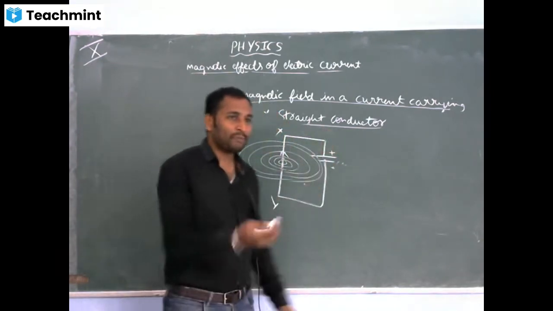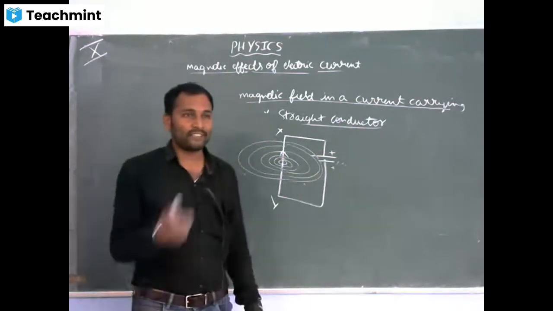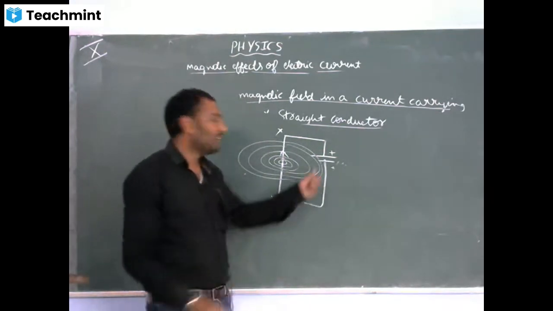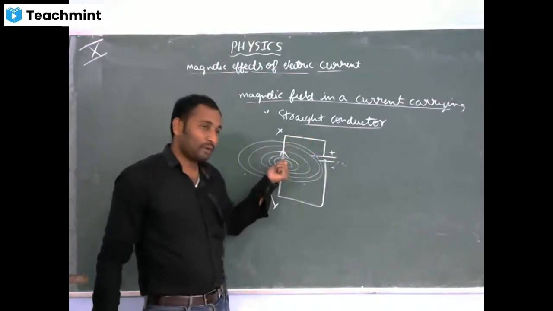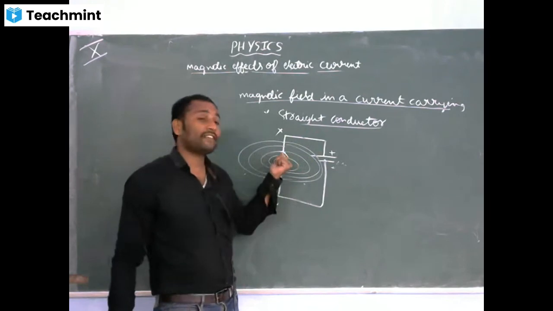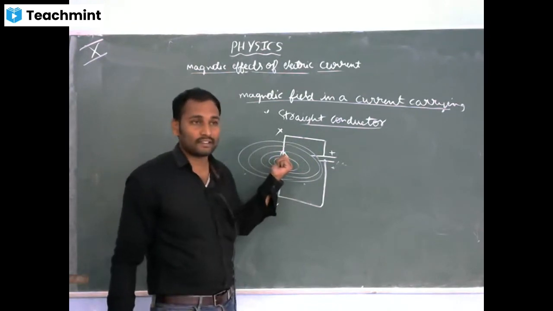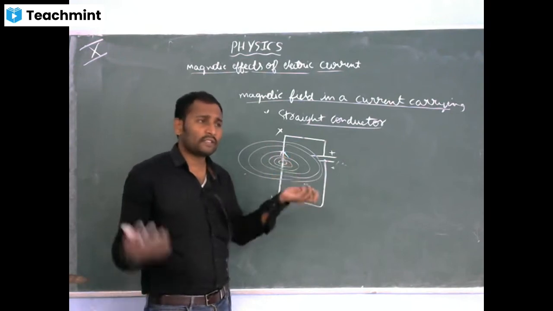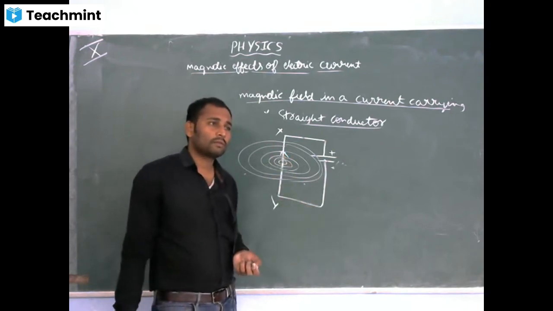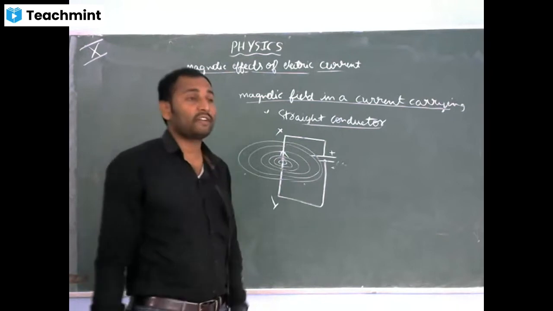You know, voltage is directly proportional to electric current, provided the resistance is constant. So when I increase voltage, what happens to current? Current also increases. So if current increases, magnetic field strength also increases. How do you know magnetic field strength will increase?